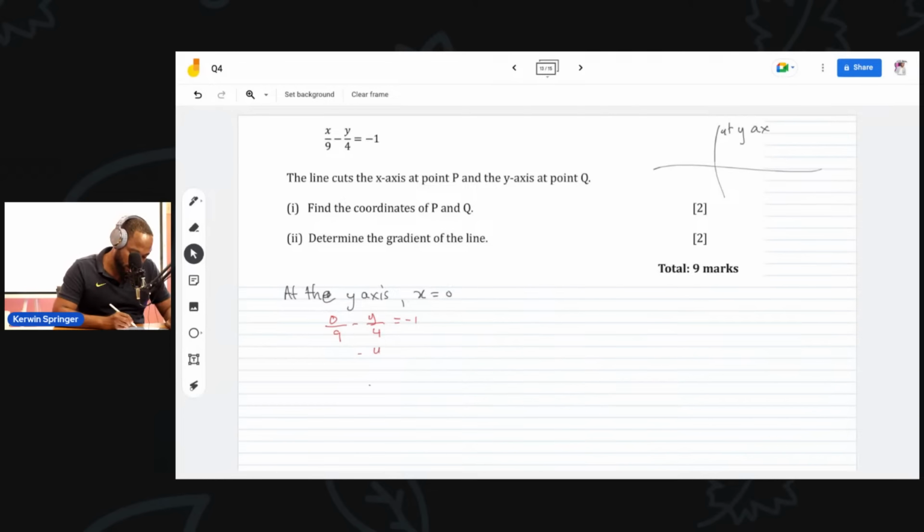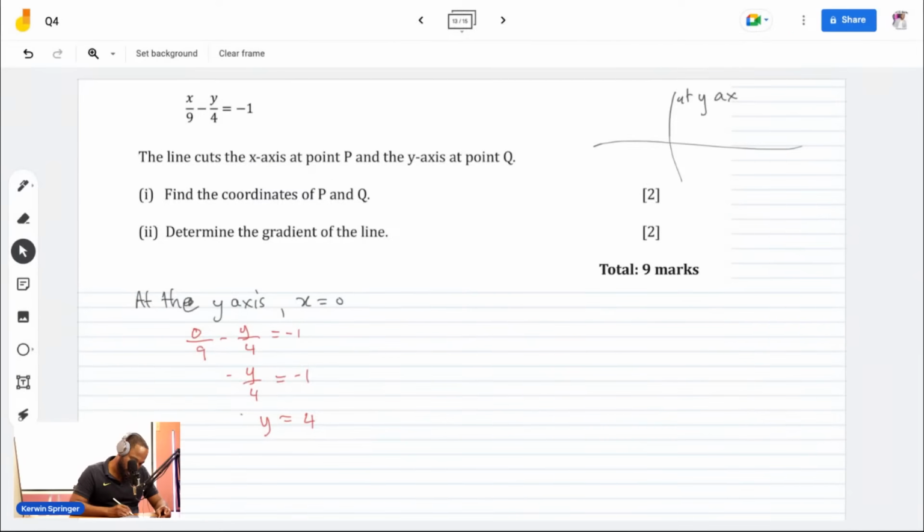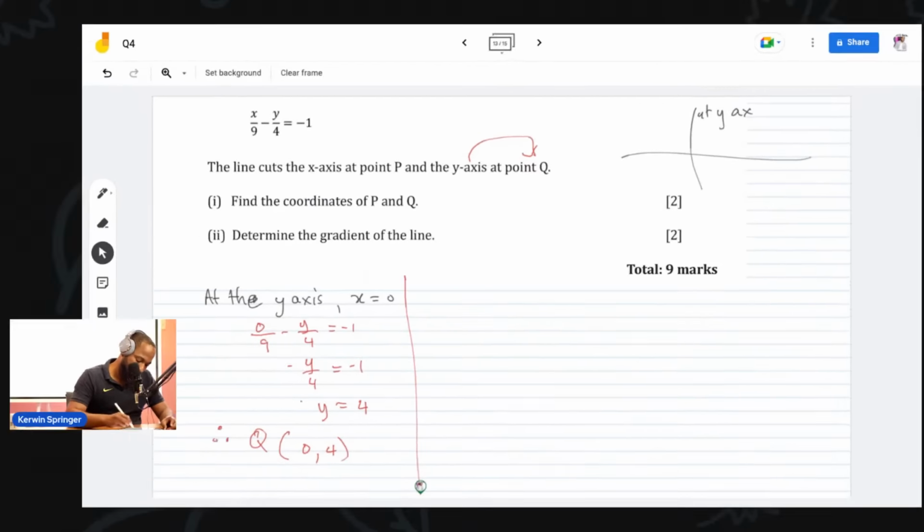So you have -y over 4 is equal to -1. If you multiply across, you'll get that y is just -1 times -4, which is 4. So this is the y-axis, and the y-axis point is Q. Therefore, Q is (0, 4).